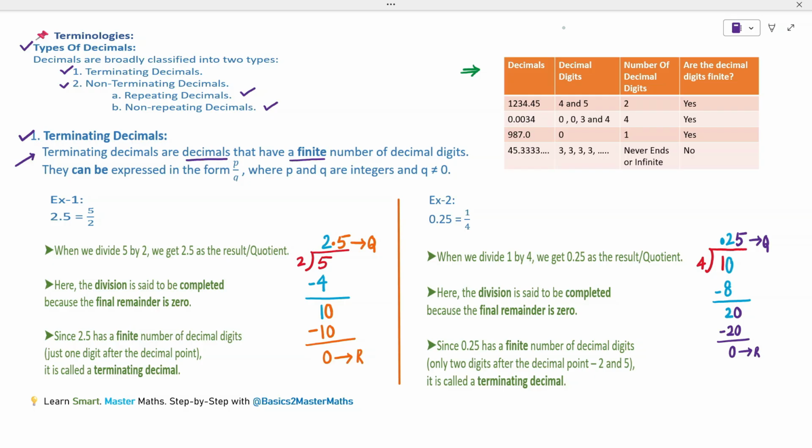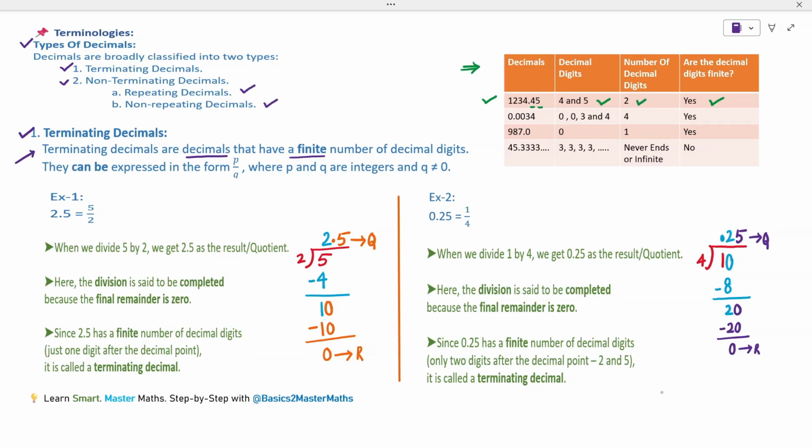In 1234.45, 4 and 5 are the decimal digits. So, the number of decimal digits equals 2, which is finite. Therefore, 1234.45 is a terminating decimal.